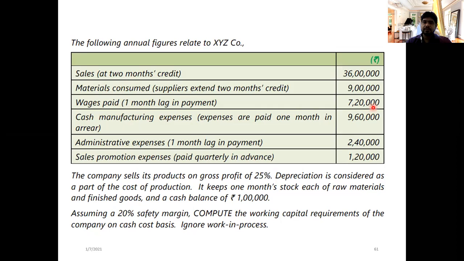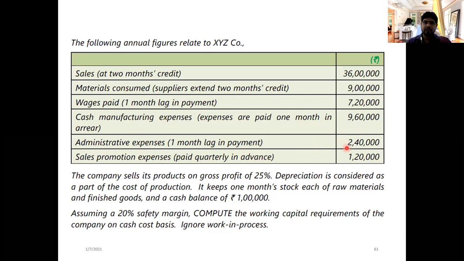The cost is 720,000. And cash manufacturing expenses, note that here it is cash manufacturing expenses, are paid 1 month in arrears. It means the manufacturing expenses are paid in 1 month. That is 960,000. And administrative expenses, 1 month lag in payments. We also have to settle in 1 month.